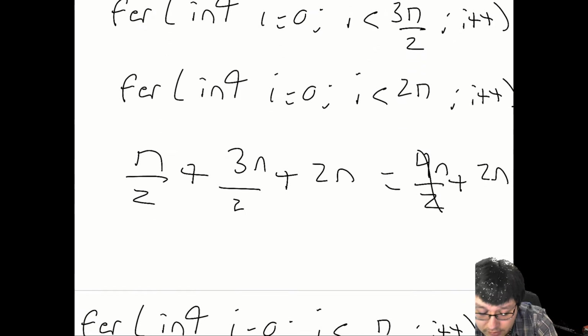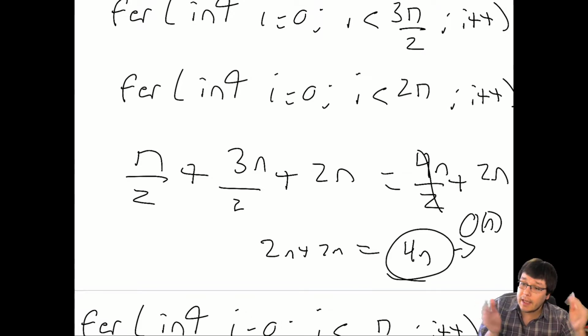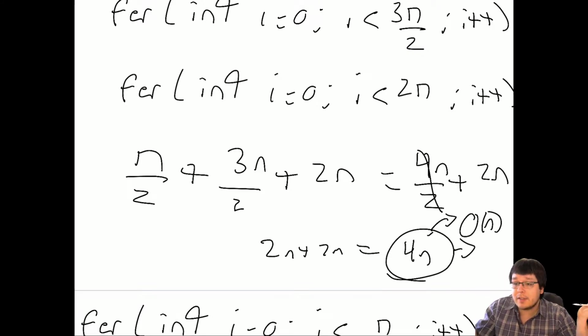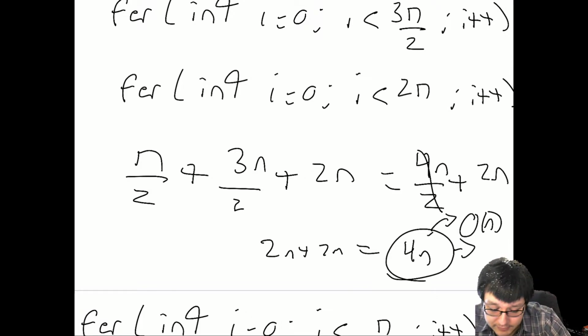The 2s cancel. So this becomes 2n plus 2n, which becomes 4n, which at the end of the day is the same thing as O of n. So you would just say O of n. Again, this is that constant m. What is the constant in this case, by the way? That's easy, it's 4. Our m is equal to 4. I'll show you a little bit about certificates, which is basically that but more formalized, in a second.